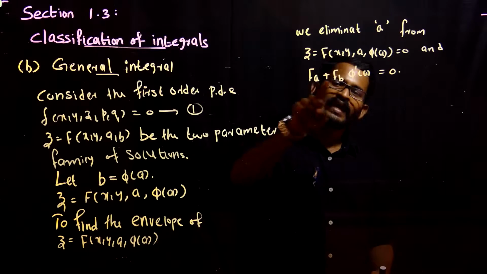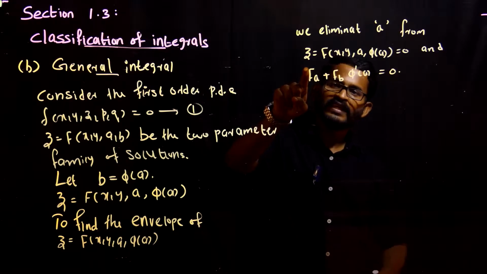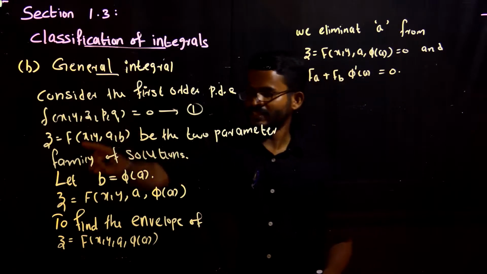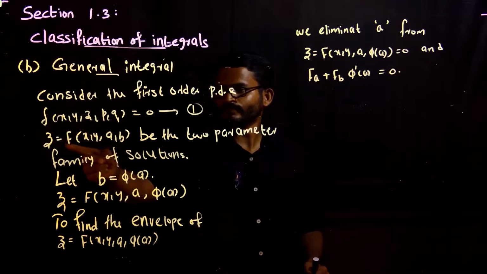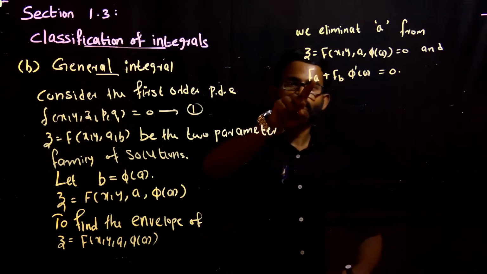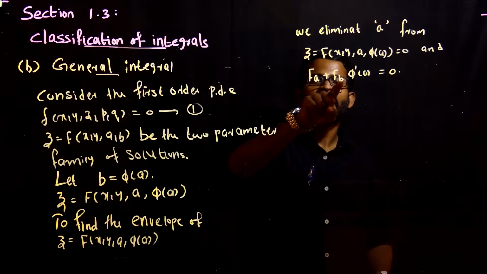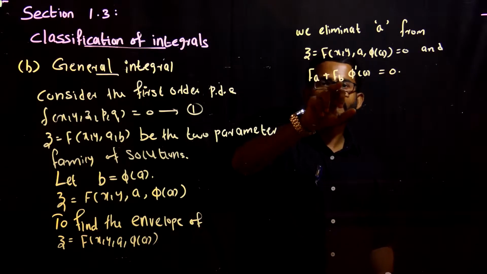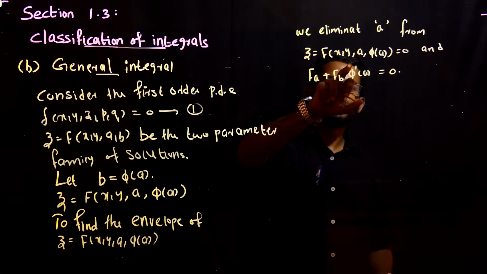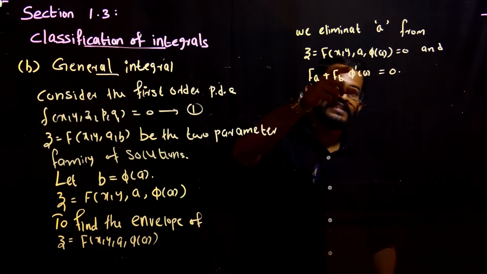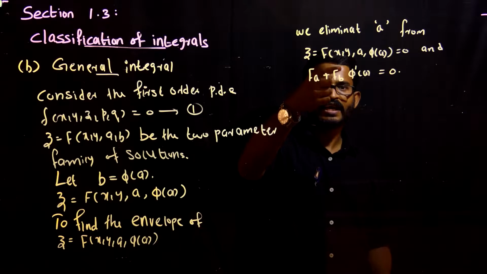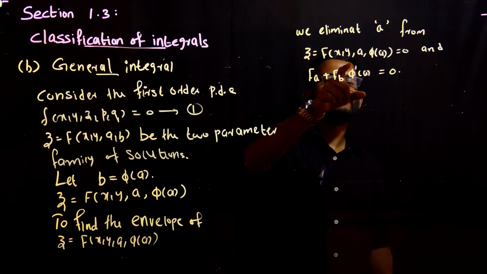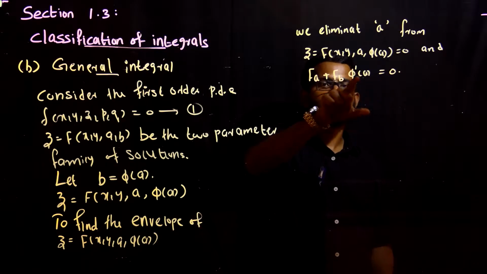fa plus fb phi dash of a is equal to 0. And what is fa? This fa is obtained by differentiating this one parameter family with respect to a, and fb is obtained by differentiating f with respect to b. And what is phi dash of a? Differentiate phi, that is phi dash of a.